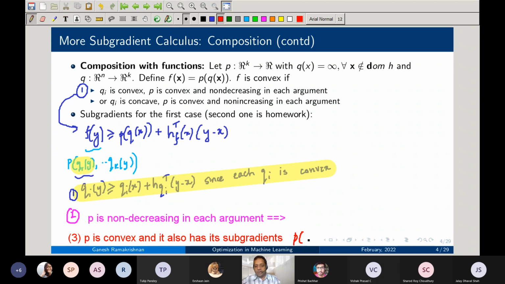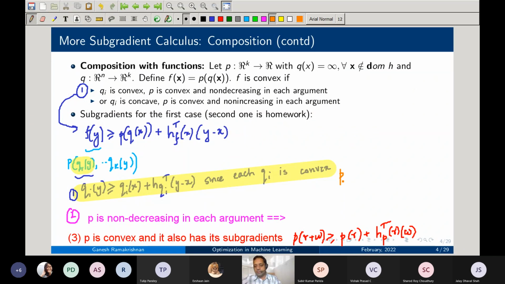You'll expect that P of (R plus W) is greater than or equal to P of R plus h_P at that point, transpose, at R. The whole is a function of W. Hope this is clear, right? So what we are doing here basically is writing, so I'm going to expand this.